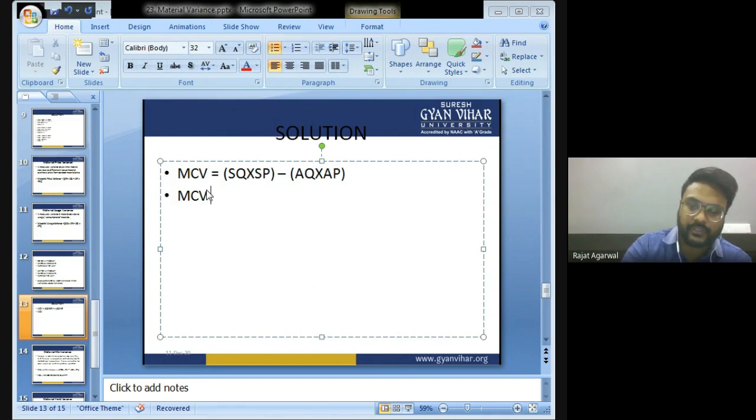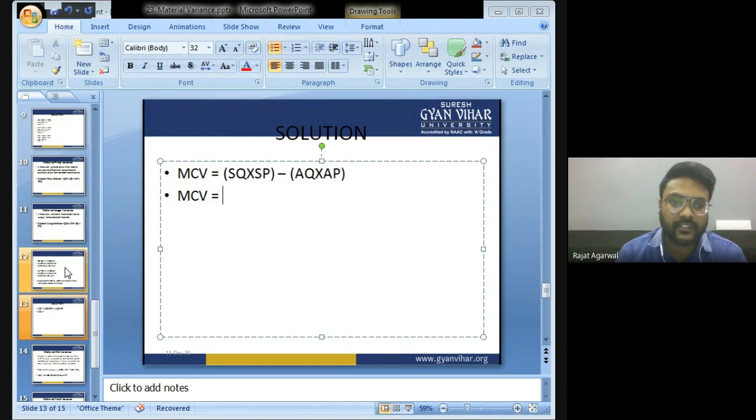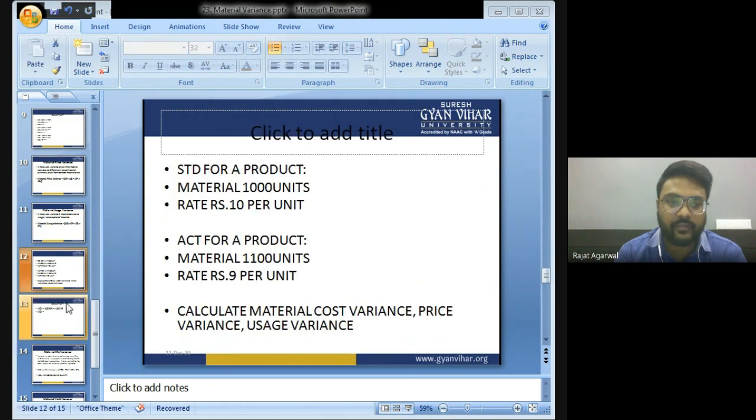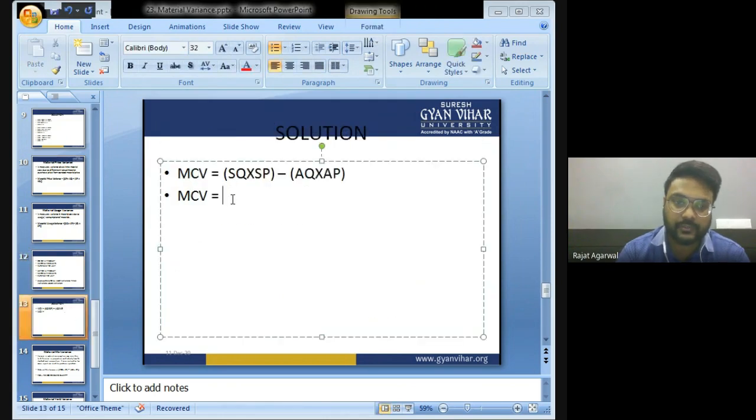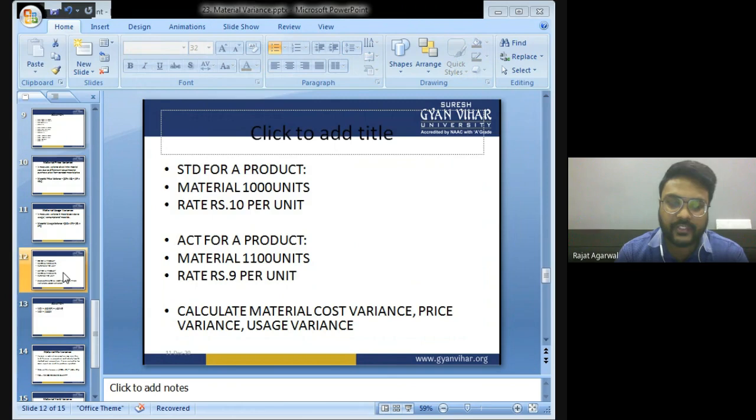Material cost variance. What is the standard quantity? Standard quantity is 1000 units into standard price of rupees 10 per unit.